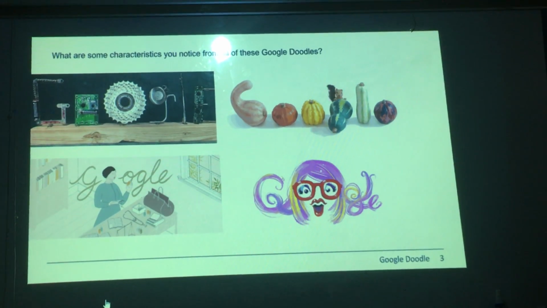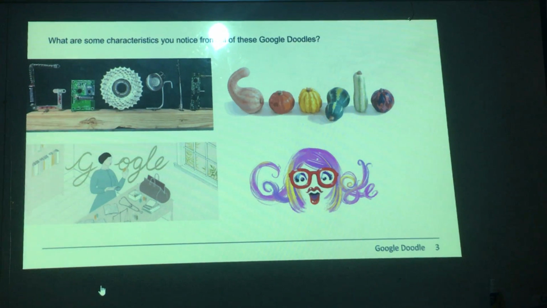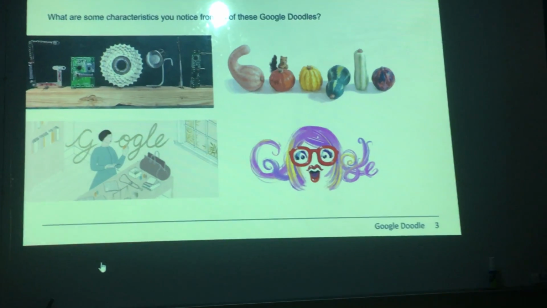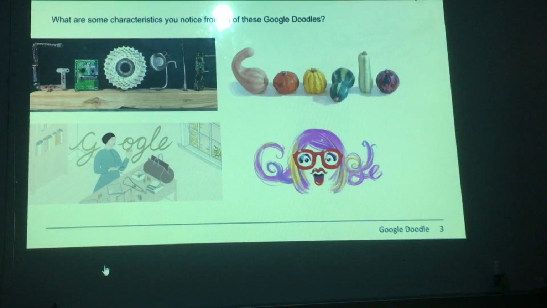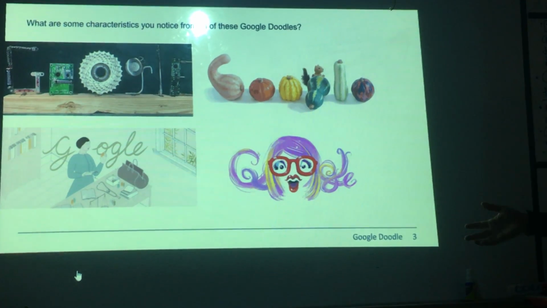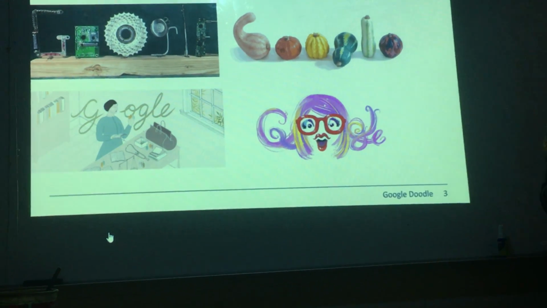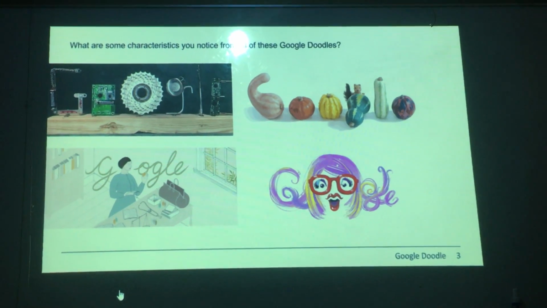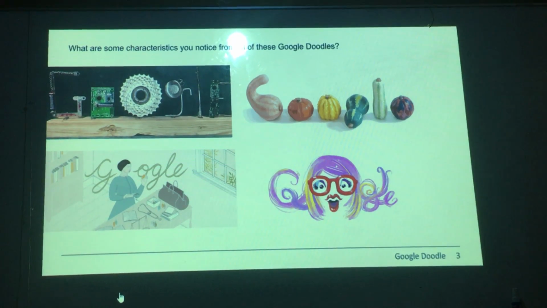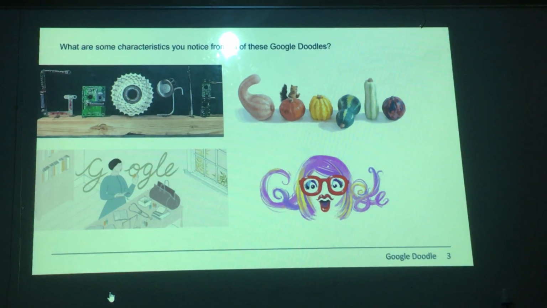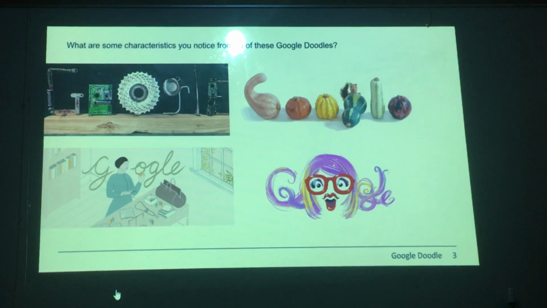What else is the same? They all say Google. Very good. They all say Google in some very creative way. They are not done the same way, and we're going to talk about that because that's a major difference, but they all in some way say Google.